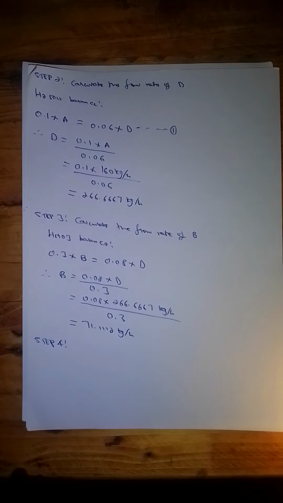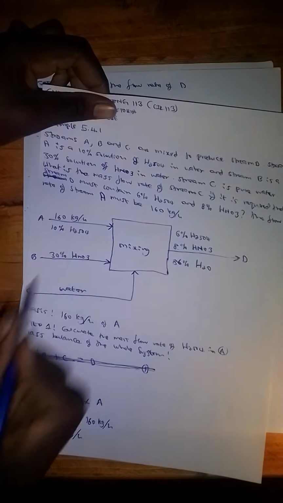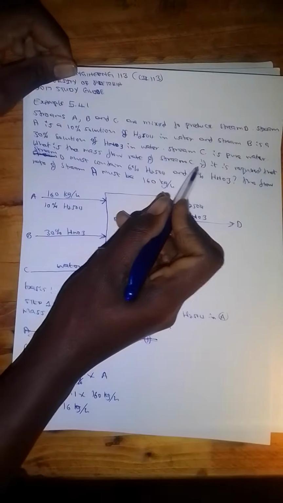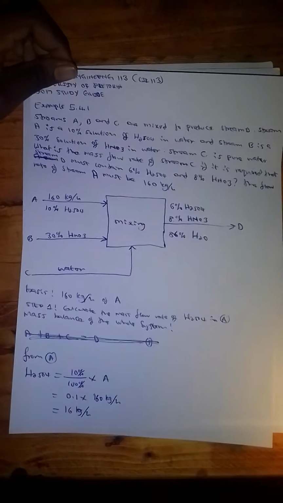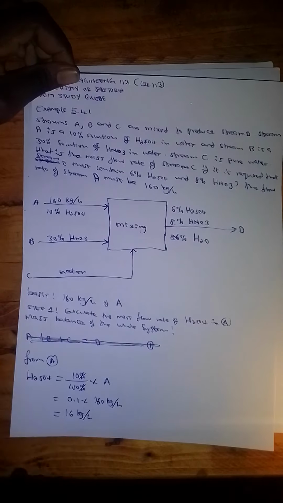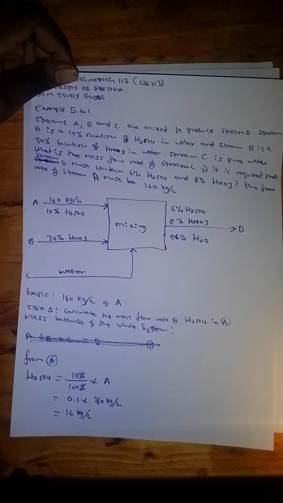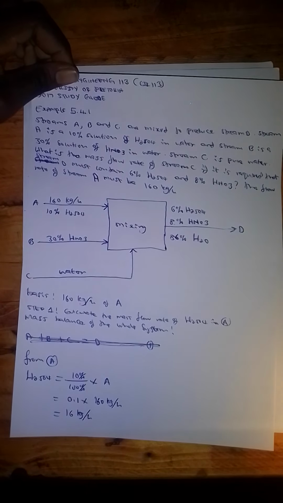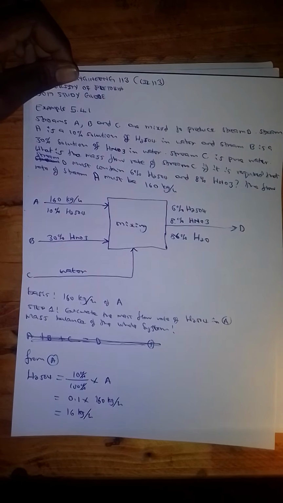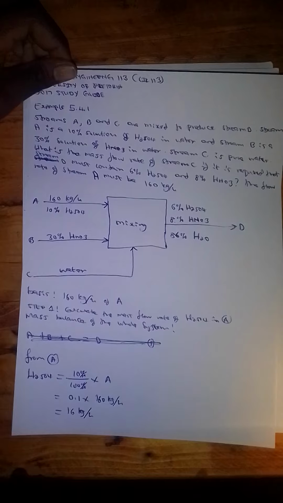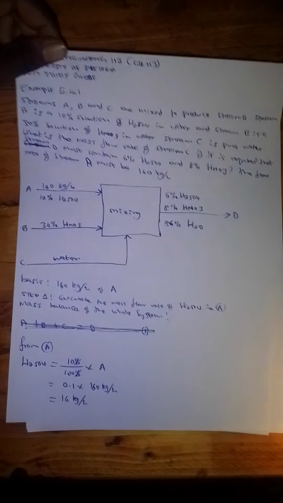Remember, the question says, let me bring the question back. They say, what must the flow rate of C be if stream D must have these details? The actual question is about stream C, but stream C didn't have much of the information, so we kept on gathering more and more information until we were in a perfect position to calculate C. That is now in our step 4.